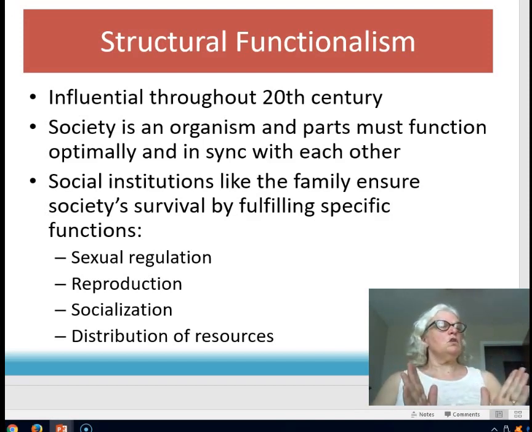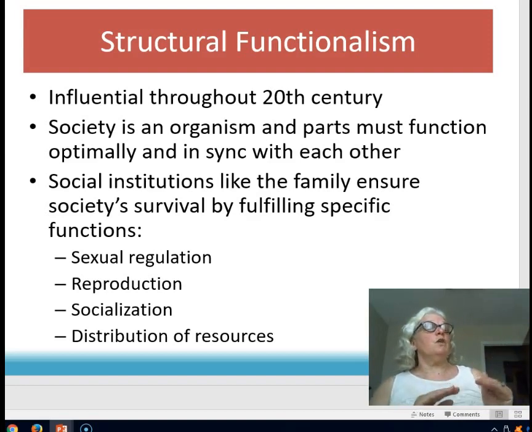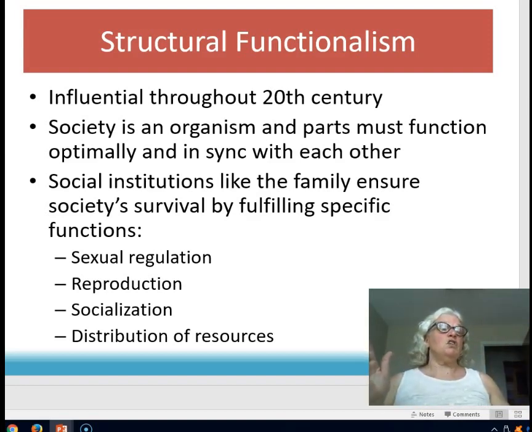So the traditional home, and when we break out of that traditional home, it causes a fluctuation in the system. The institutions like the family ensure society's survival by fulfilling certain functions: sexual regulation, that sex occurs within the structure of marriage; reproduction; socialization; and the distribution of resources, that family care for each other.